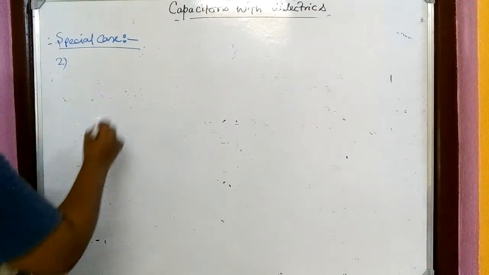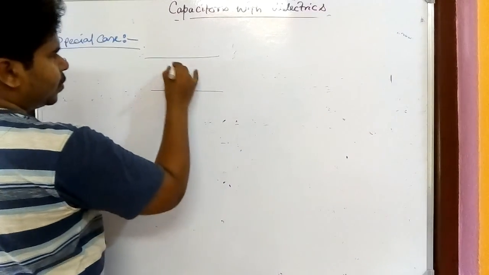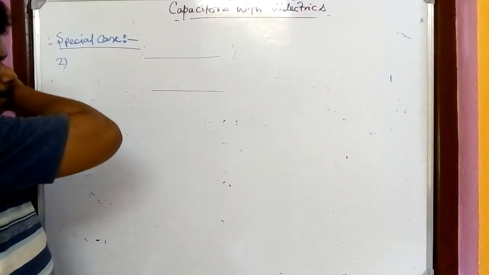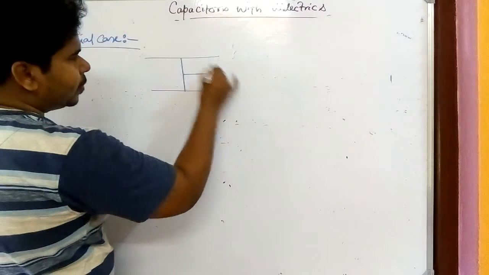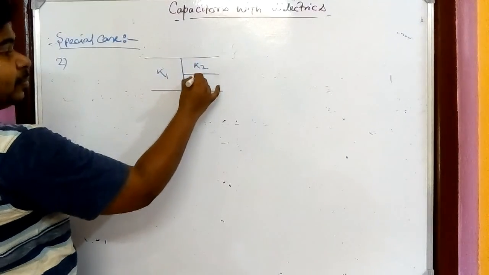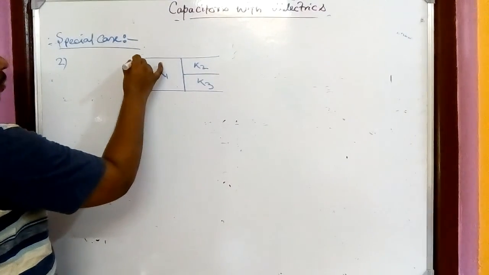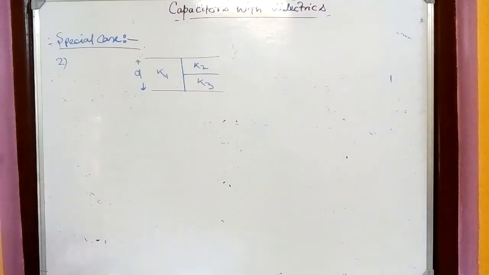Now what we have to do? Assume if it is kept this way: K1, K2, K3, D the thickness. See, a new thing.